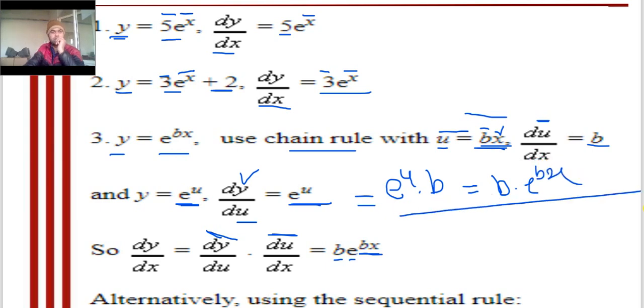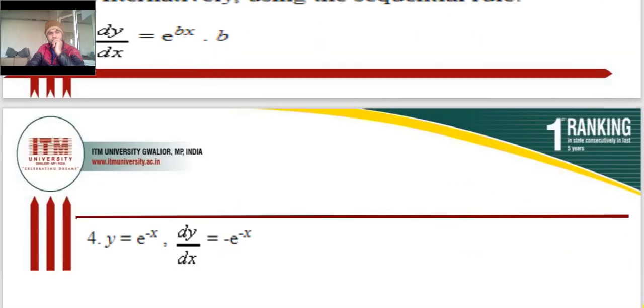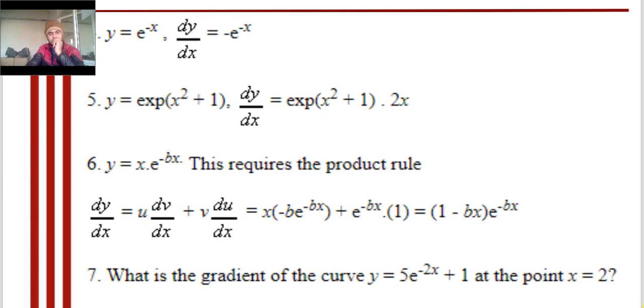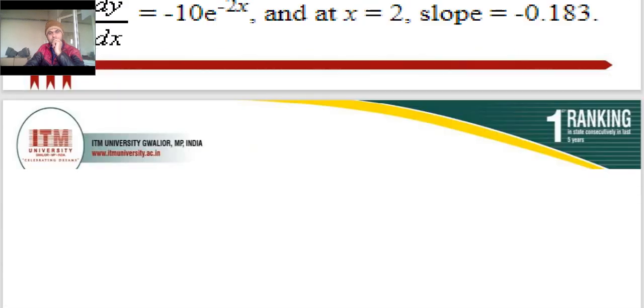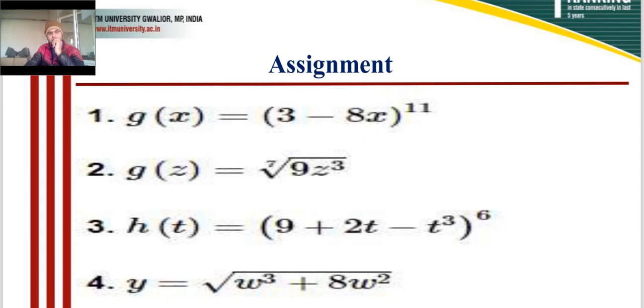So by this way we can solve these types of questions. So these are some problems also given here. So you can solve these types of problems by using these rules. So these are some assignment problems that are given to you for your homework that you have to solve.